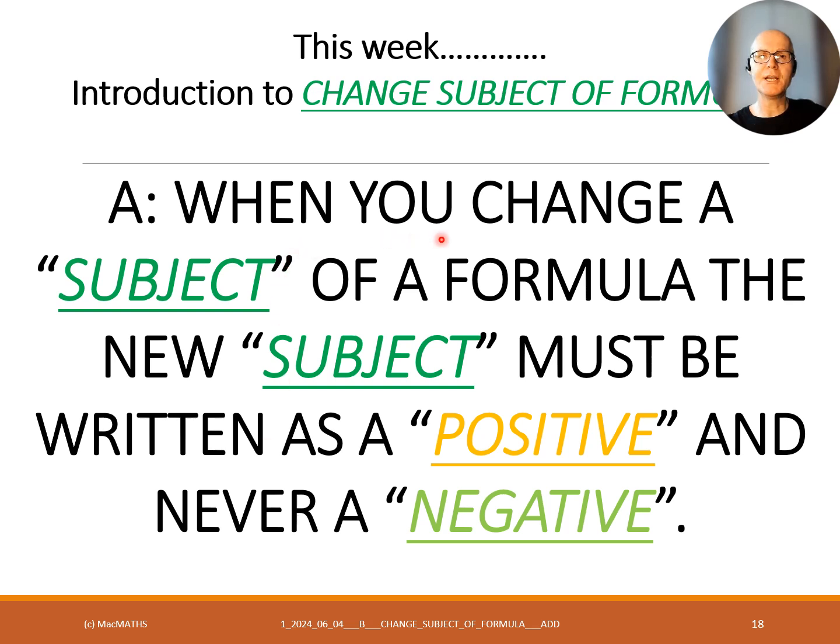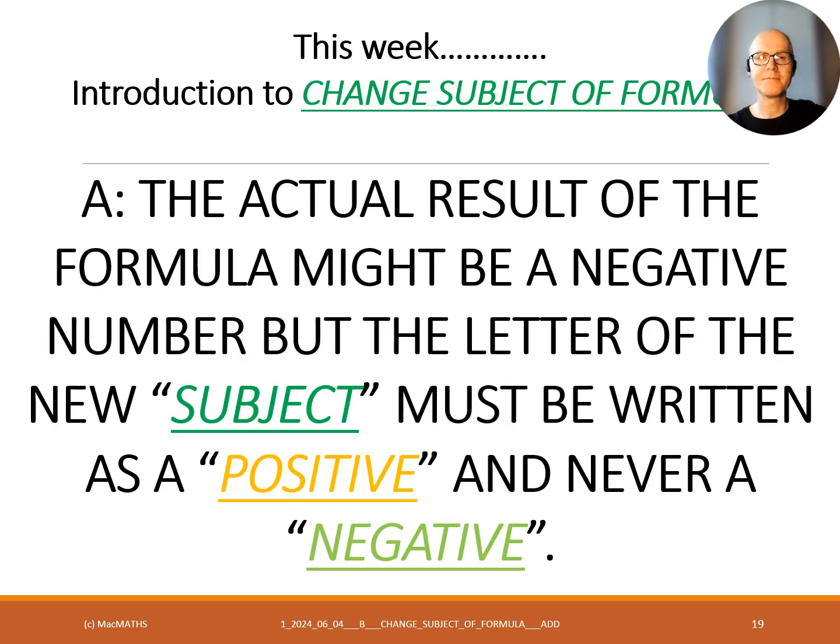When you change the subject of a formula, the new subject must be written as a positive and never a negative. So what does that mean? Let's explore that. The actual result when you work out the formula might be a negative number.